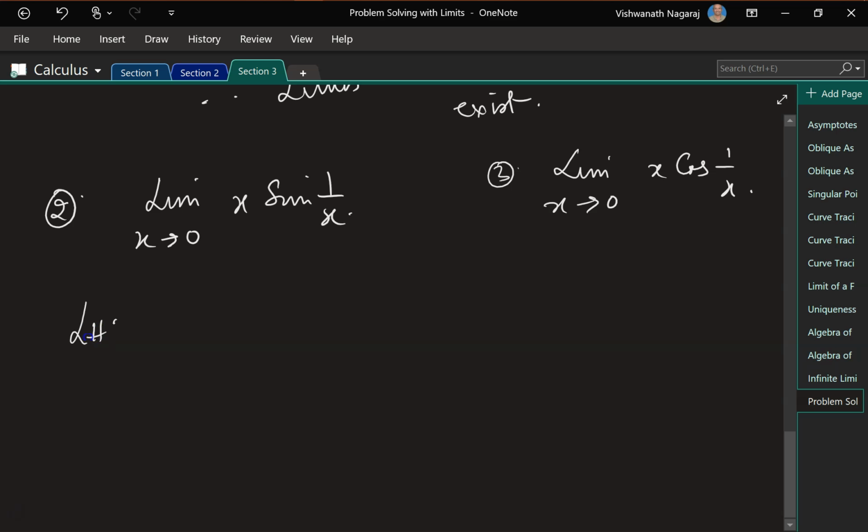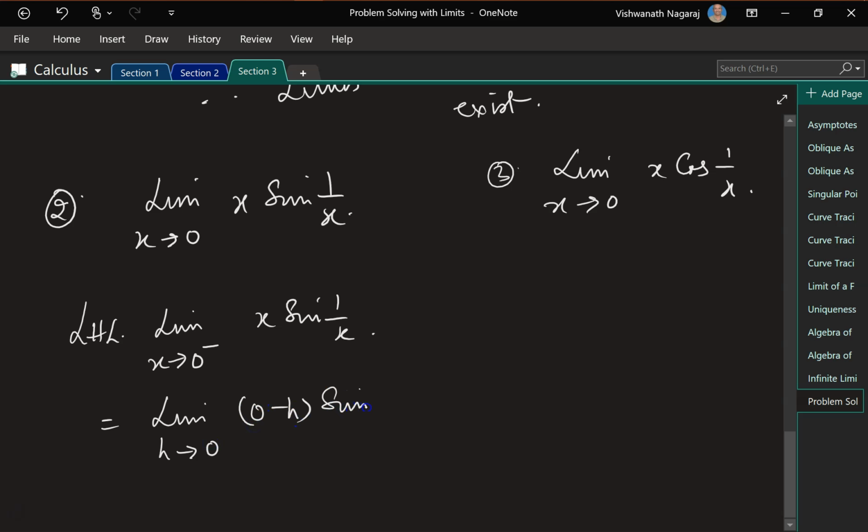Now again LHL would be limit as x approaches 0 from the minus side of x sine 1 by x. Limit as h approaches 0 of 0 minus h sine 1 by 0 minus h.